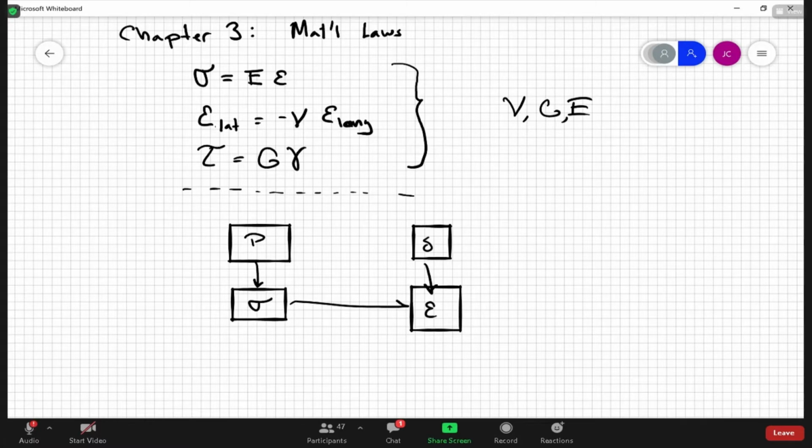And we use the material law to relate the stresses and the strains, right? So the problems were always along the lines of you'd start somewhere in this block, maybe you're given the force, the axial force, and they want you to figure out the lateral contraction or the diametric change, right? So you have this sort of side bar.